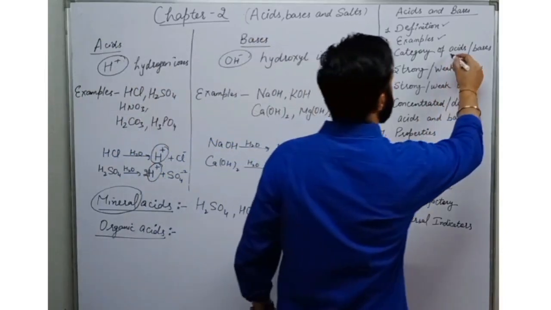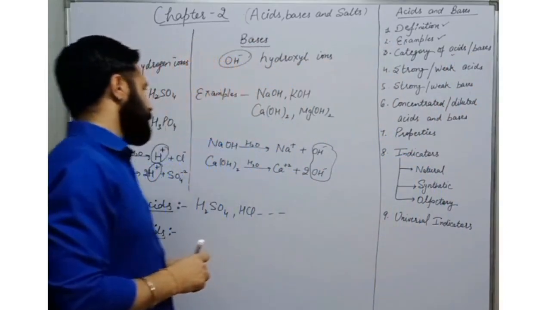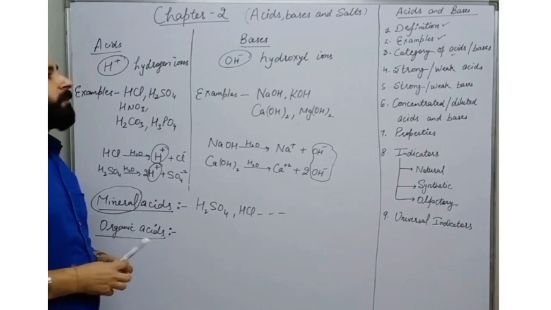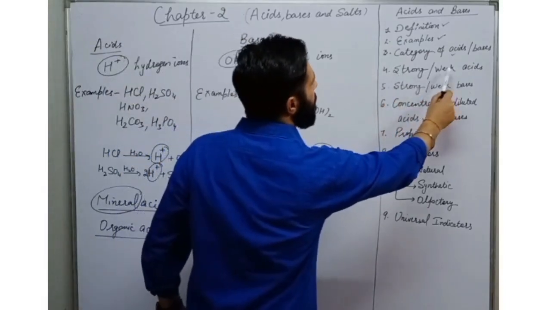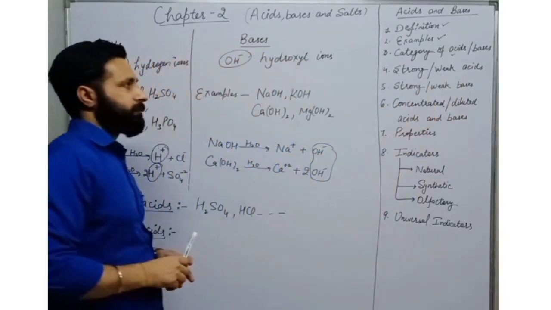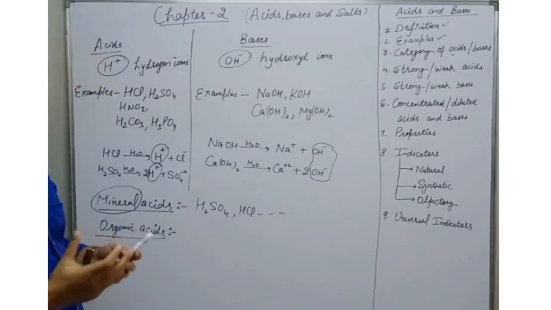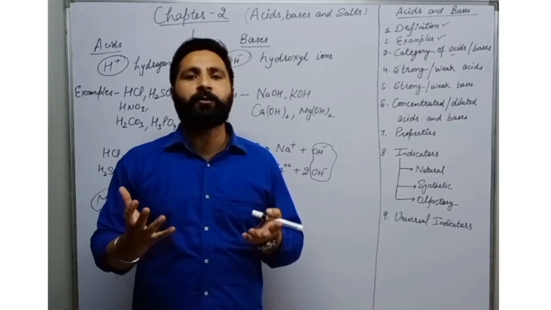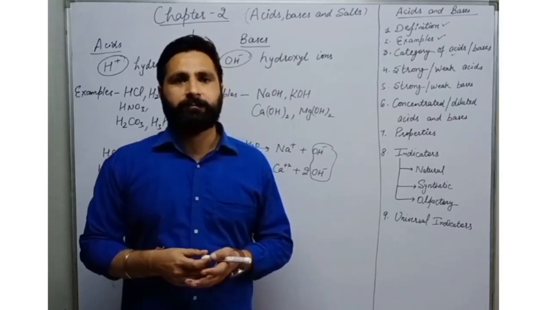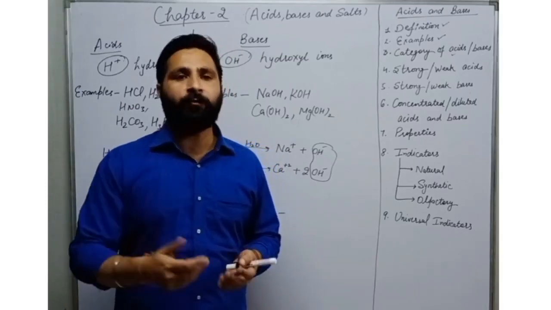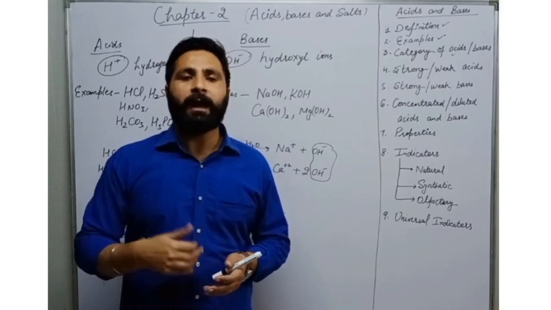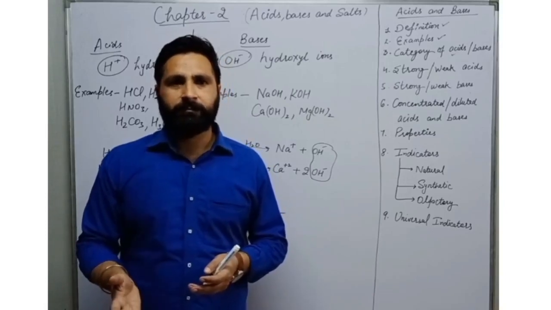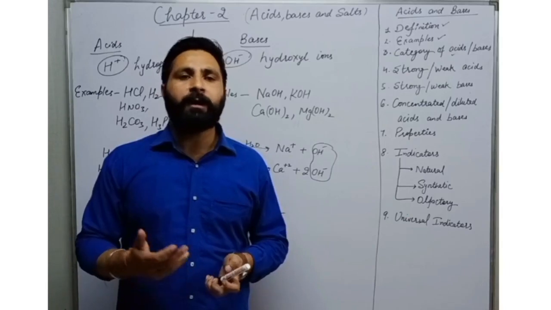Now third point is clear to all. Next point, beta, what is a strong acid or what is a weak acid? Strong acid means which release high number of hydrogen ions in aqueous solution. It is called strong acid.